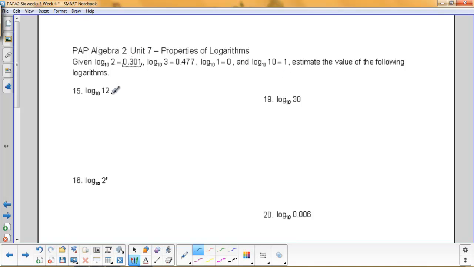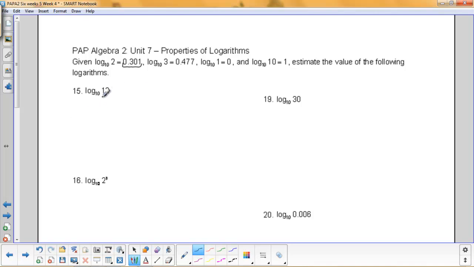This is more of an exercise in your ability to expand and or condense logarithms in the right way, because what we're actually looking for is a way to substitute this number 0.301 and this number 0.477, likewise 0 and 1, by simplifying these numbers using properties of logarithms.